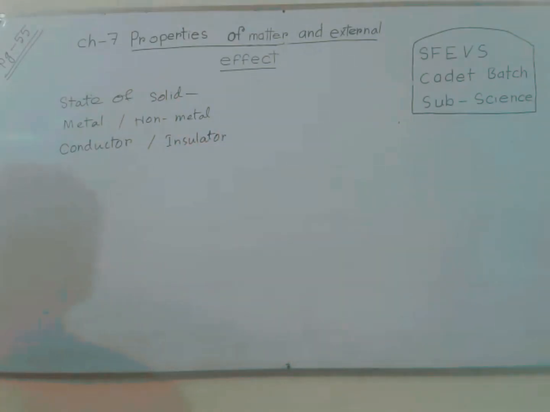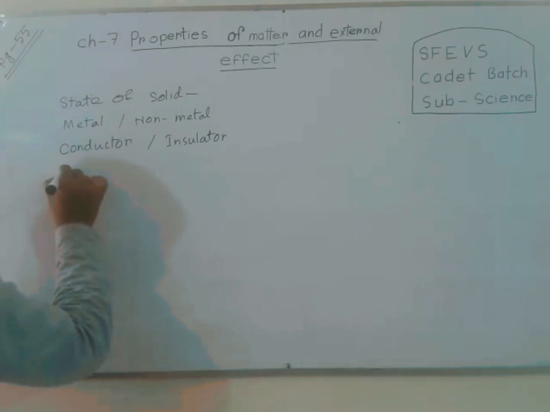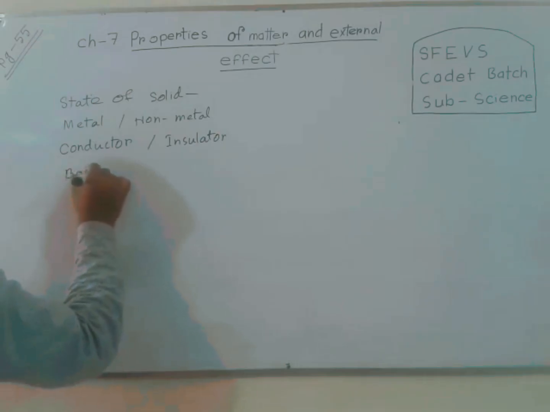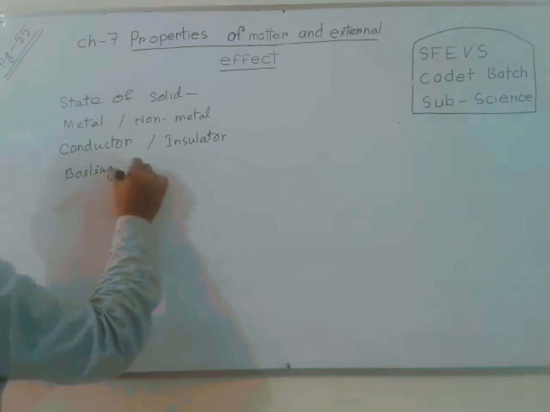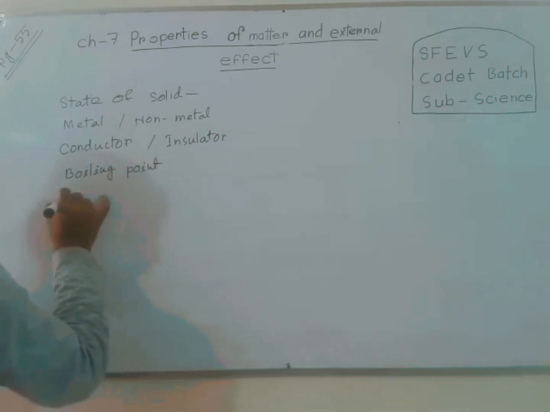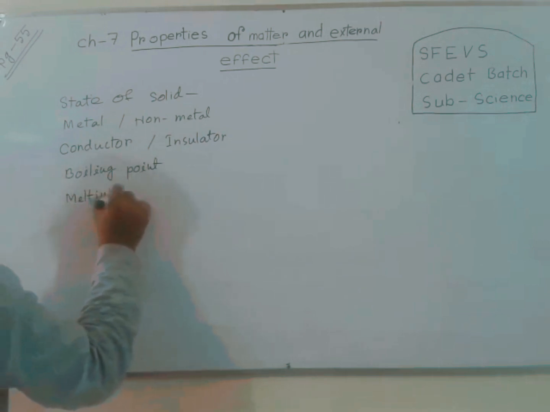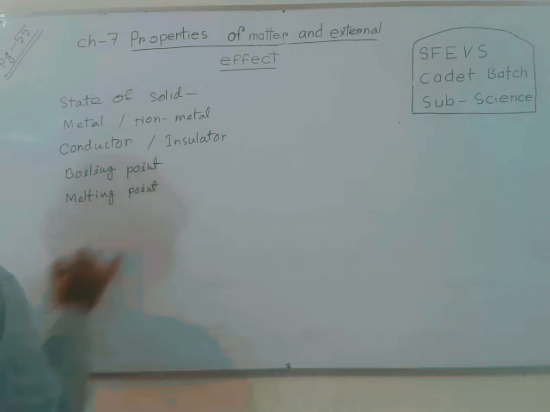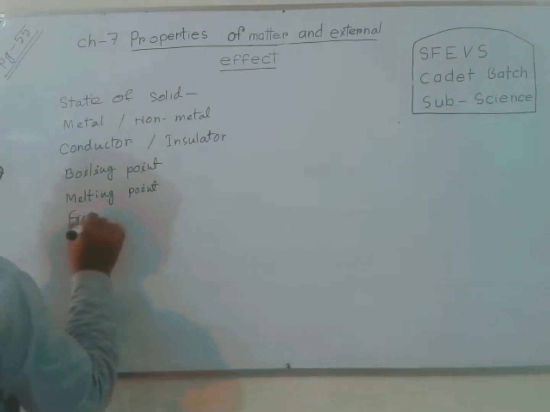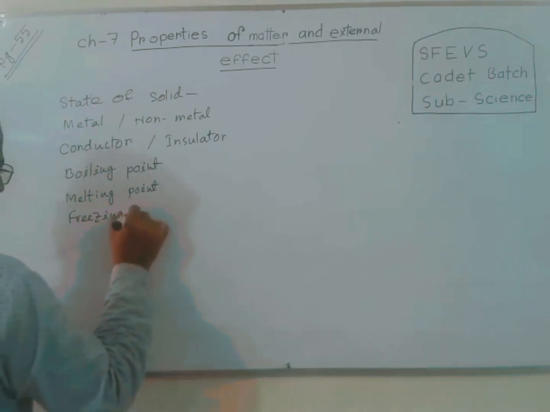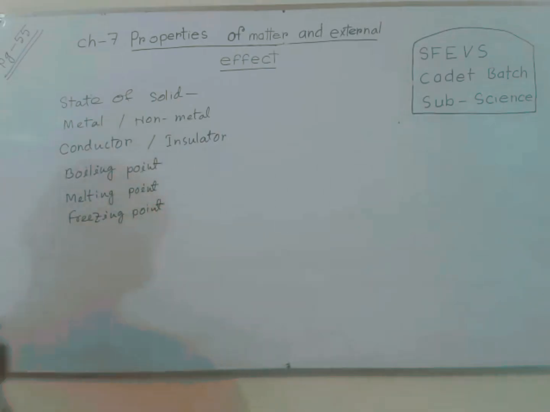Okay, and after that we discussed various temperatures, the condition of matter at various temperatures. We discussed some points: boiling point, then melting point, then freezing point. Okay, about these points.